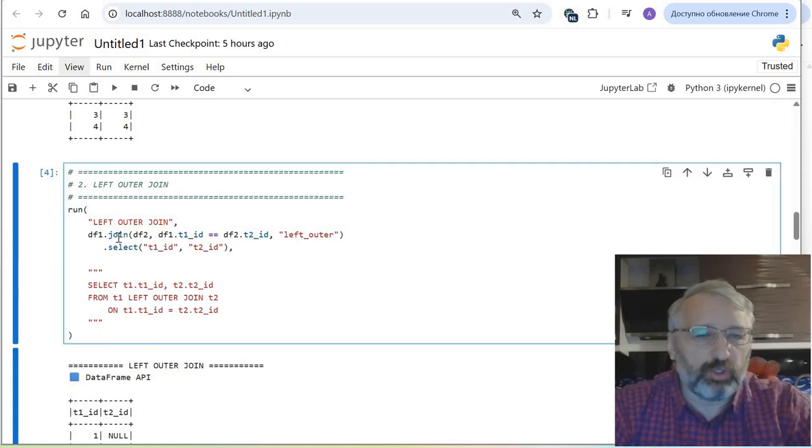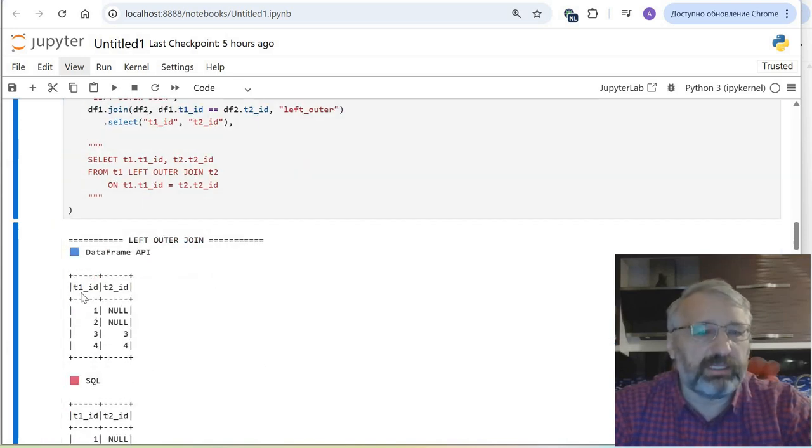Something was not properly displayed, but it's now displayed correctly. So, left outer join. Again, same syntax, but the type of join is left outer. Here we see the T1 ID from the first table.